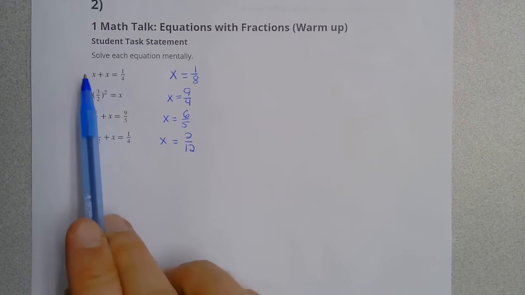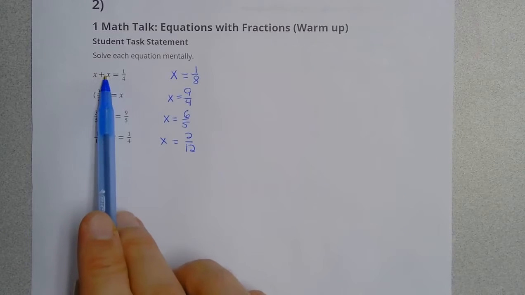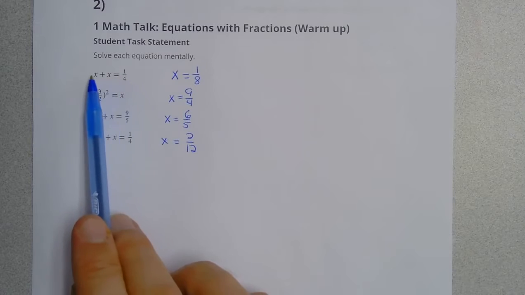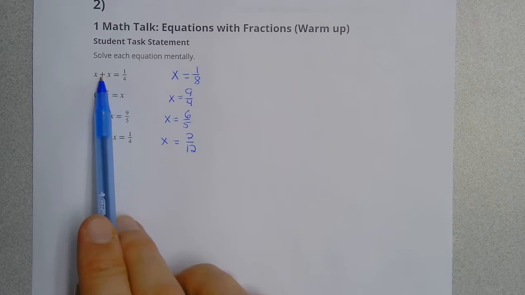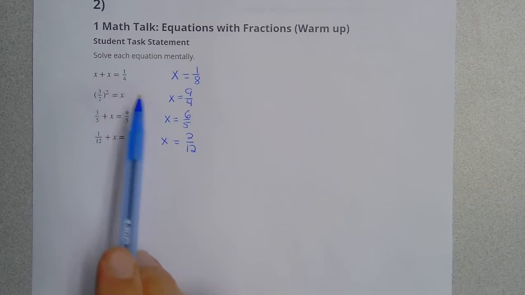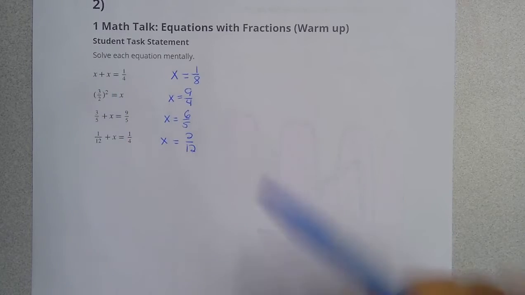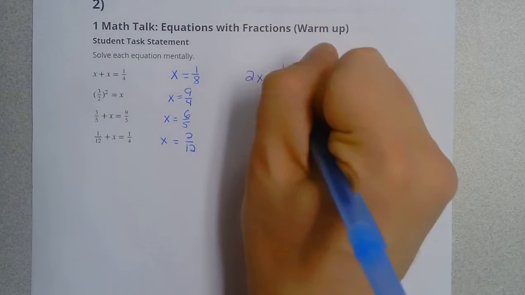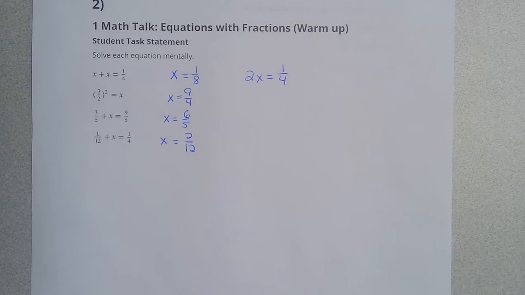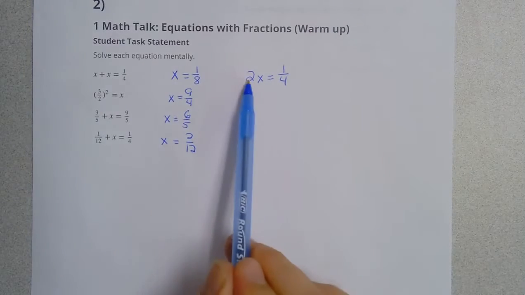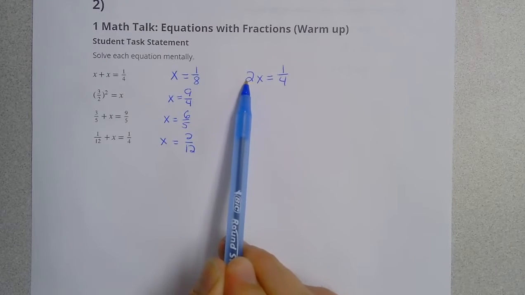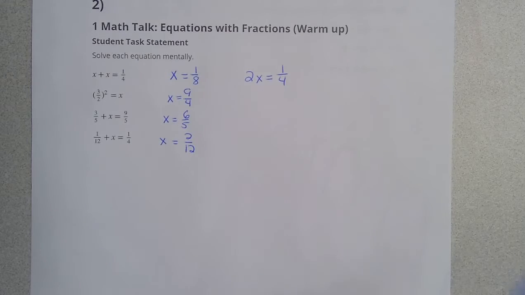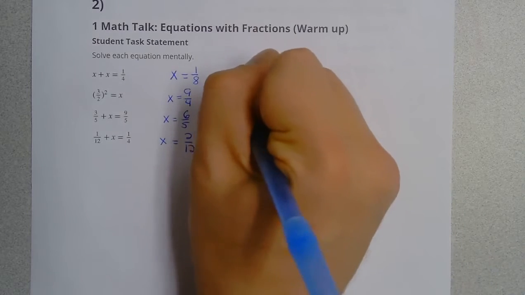If I look at number one, here's how I would have solved it. x plus x is equal to a fourth. I have a little bit of difficulty solving this mentally, but I do know that if I simplify that in my head, it would be 2x equals 1/4. Then to get rid of that 2x, I divide by 2, which with fractions means I multiply by a half.